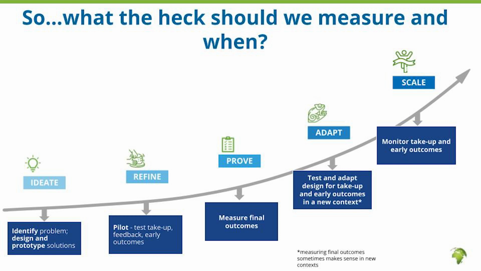All of these stages: actually identifying the problems in a particular context, prototyping with users to see if that's the right solution, moving forward to testing on a small scale, and monitoring if that works. Let's say for bed nets, when you distribute a bed net, does it reach the target audience? If it reaches the target user, let's say children and families, are they actually using that bed net?